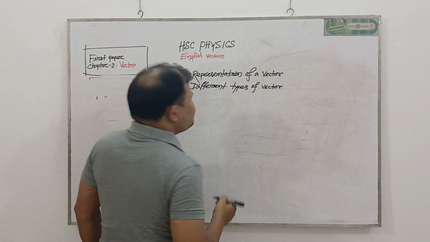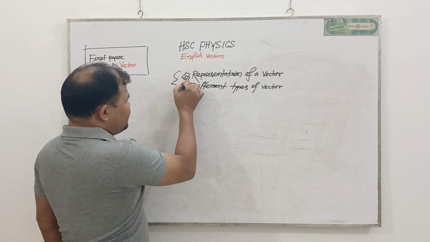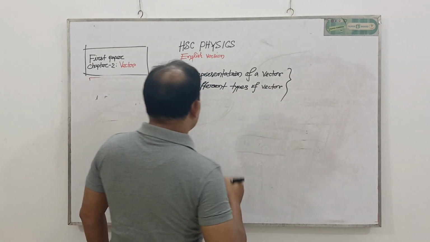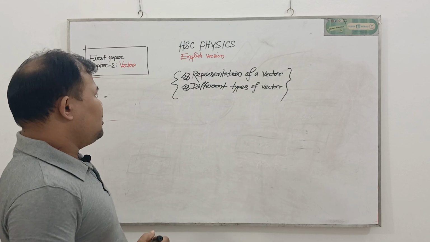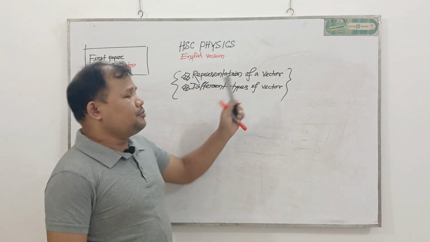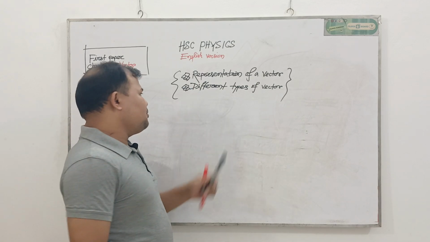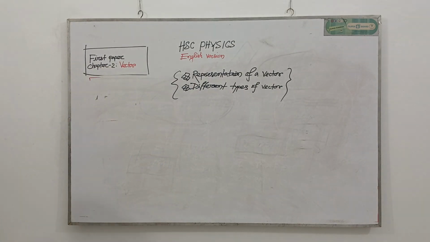My dear students and learners, these two parts are very important for this chapter. At first we have to learn representation of the vector, and then we have to learn different types of vector. So we have two options for representation of the vector.